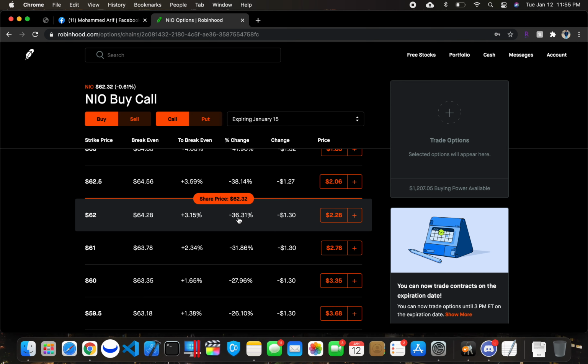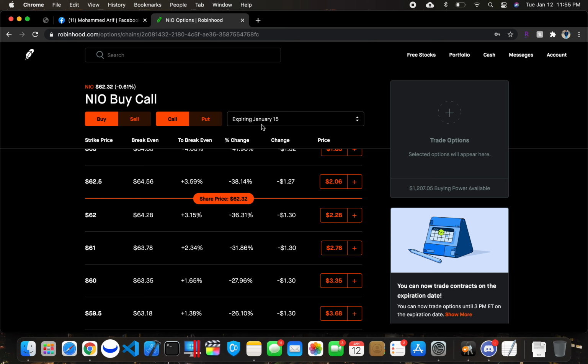And this part here, the change, is the percent that it is down right now. Neo is down 36% right now since the 52-week high. And change option here, then you will see this price. This price is basically the price for you to get in the option call.